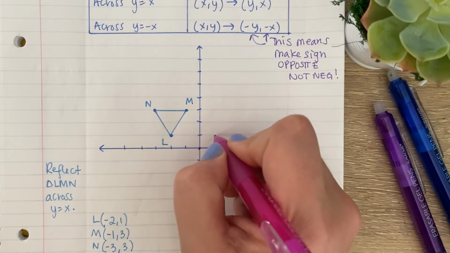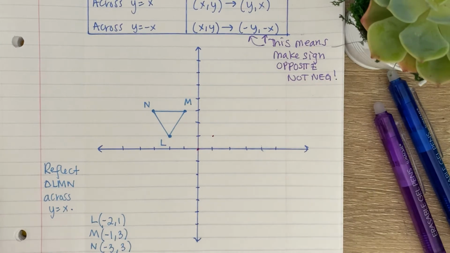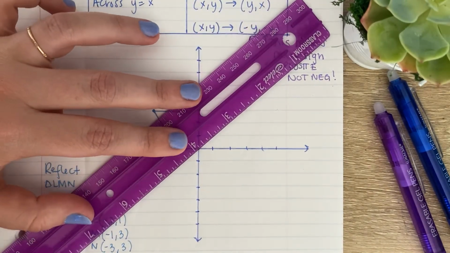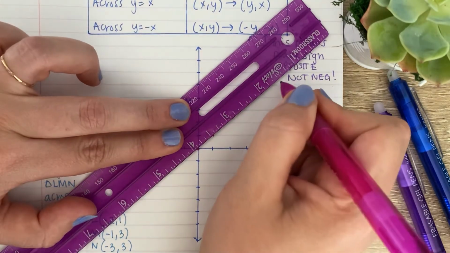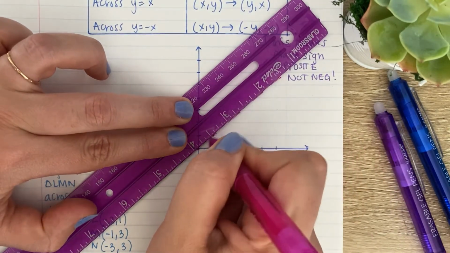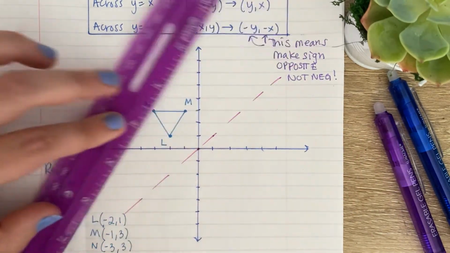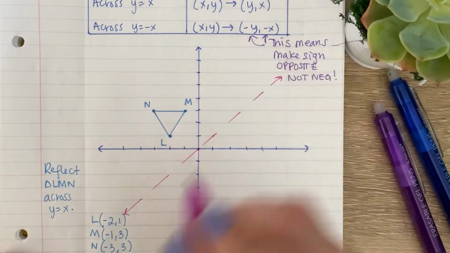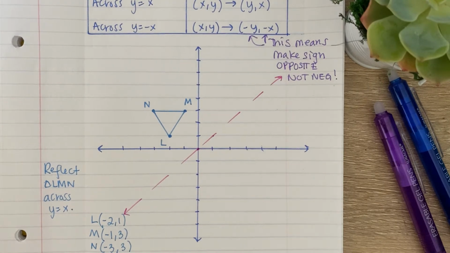So you go up 1 over 1 and connect those two dots, and we have our line of reflection. I'm gonna make it dotted so you guys can see what's going on. That right there is line y equals x.